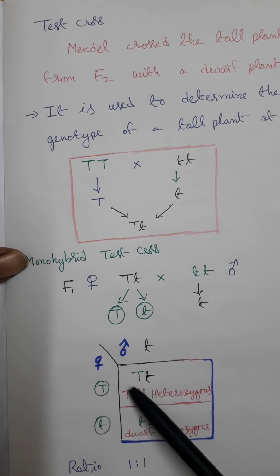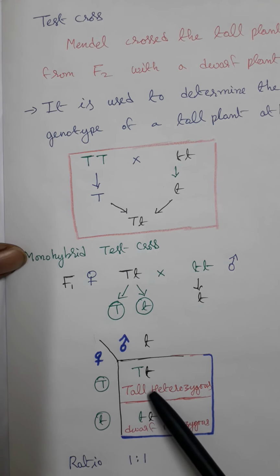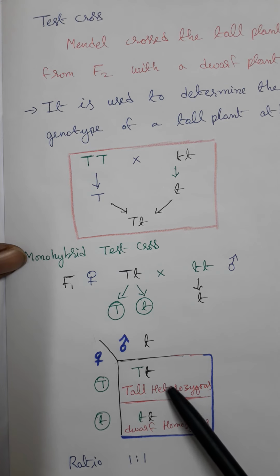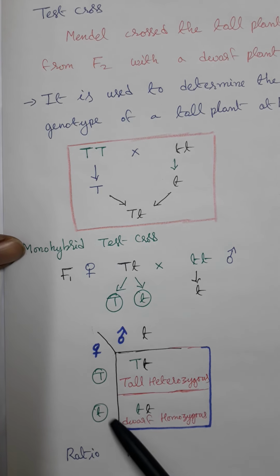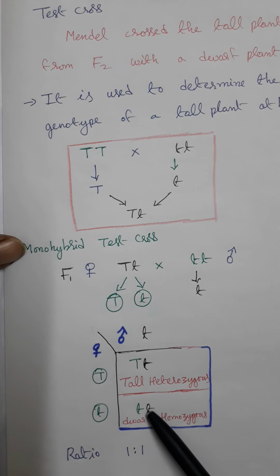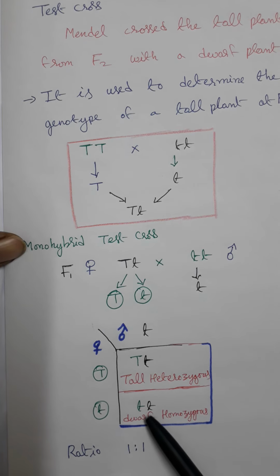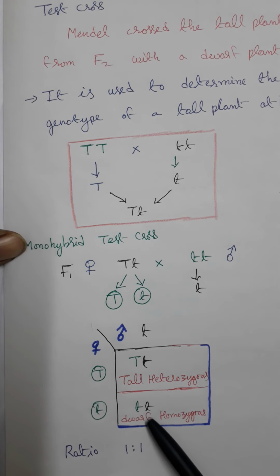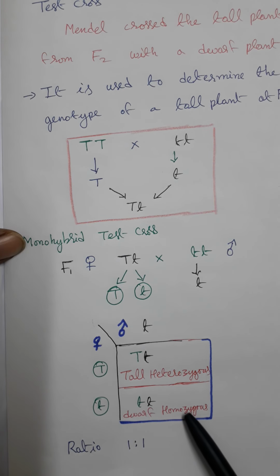The gametes are fused. The progeny plants are phenotypically tall, heterozygous, like the tall parental plant, whereas for the other progeny, the small t gametes are fused to form progeny. Here the progeny has genotype small t small t, and the phenotypic character is dwarf, a homozygous pea plant.